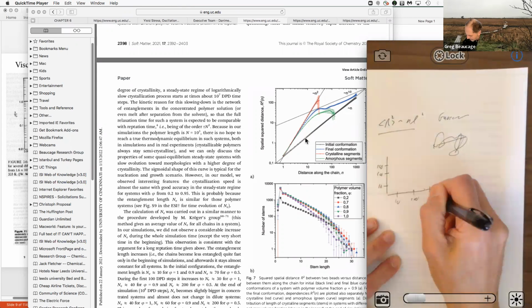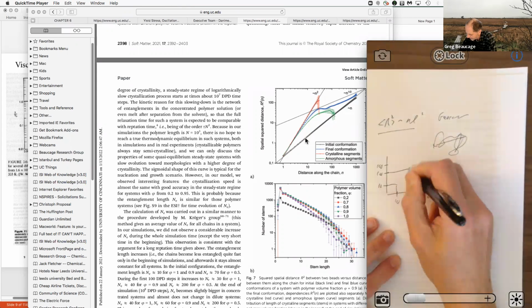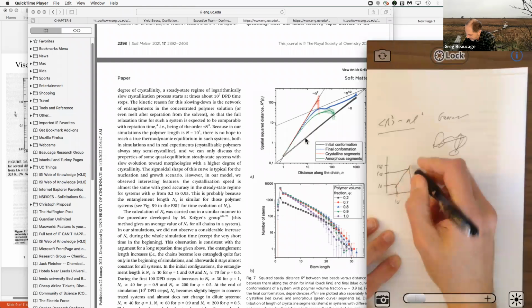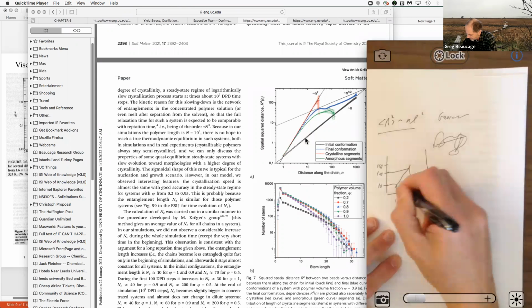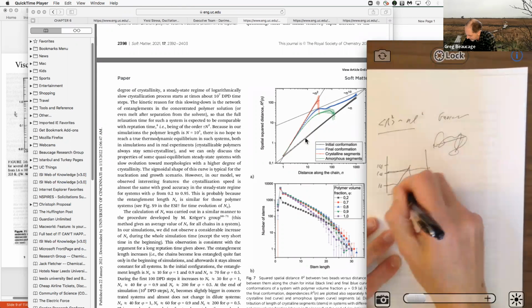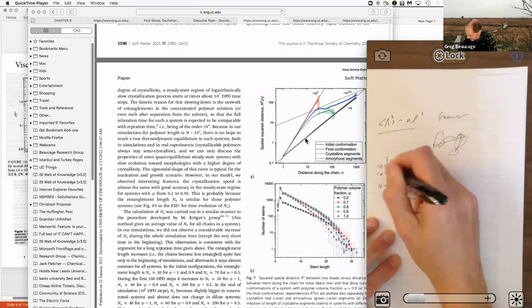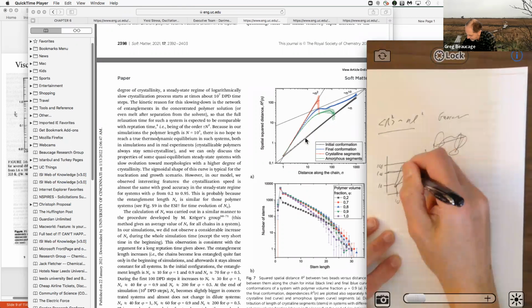If you want a slope of 1, you go like that. If you want a slope of 2, you take 2 decades to 1 decade.